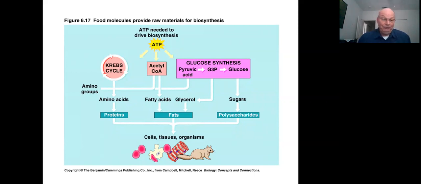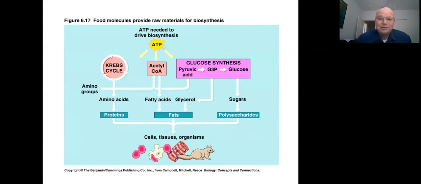If it needs ATP, if it needs energy, then the focus is on making ATP. However, if it's able to make enough energy to keep itself running, but it needs organic molecules in the form of amino acids or fatty acids or sugars, then you can take some of the molecules out of cell respiration that would normally be the byproduct of proteins, fats, and sugars fueling cell respiration, and literally run those reactions in reverse, with the exception of glycolysis and to some degree beta oxidation.